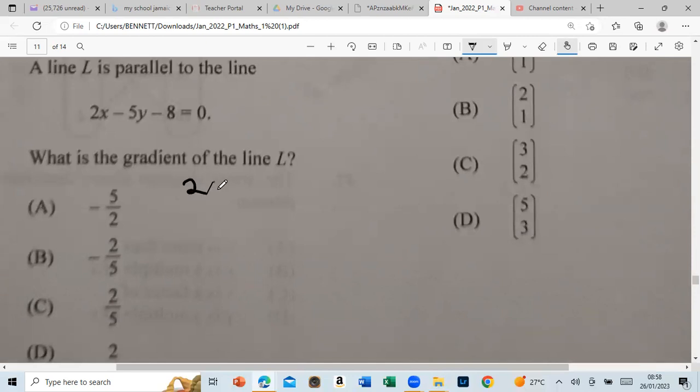So we have 2x minus 5y minus 8 equals. Remember, putting it in this form, y equal mx plus c. Alright, so first we get rid of the 2x. So that becomes minus 2x.